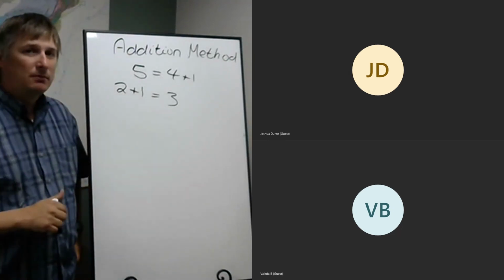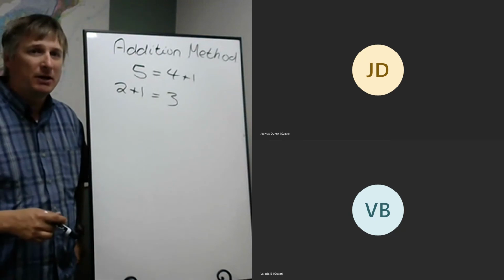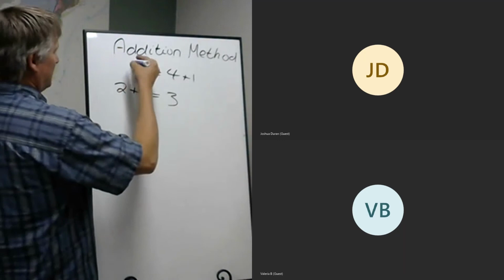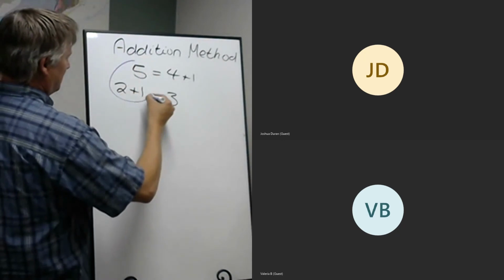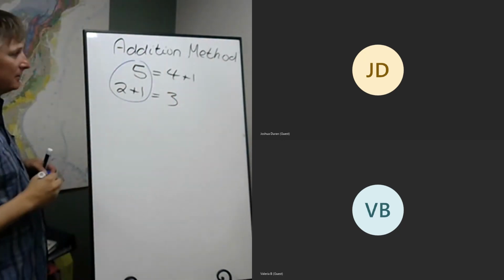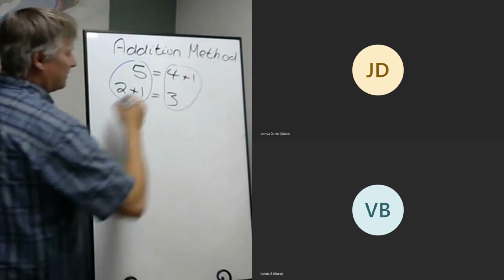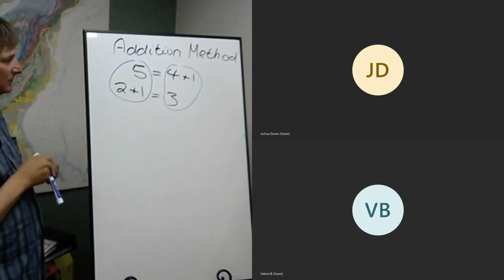Now what I'm going to do, I'm going to add the sides of these equations together. So I'm going to add the left sides together, and I'm going to add the right sides together.